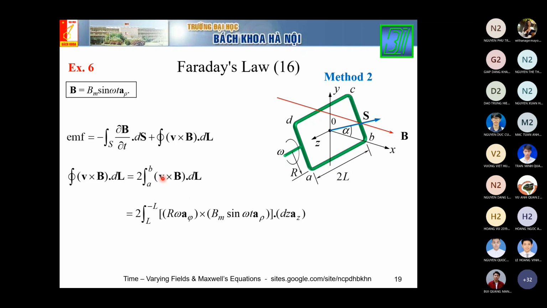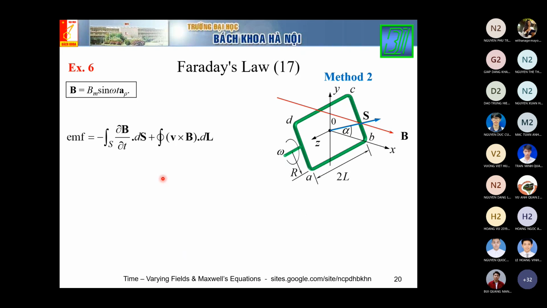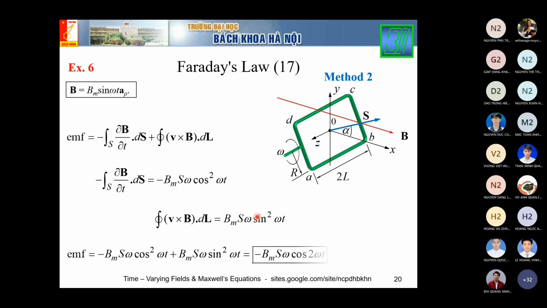Okay, taking this line integral, we came to this. We found the first integration, we also found the second integral. Summing these two results, for the second time, we came to the very result that we found 5 minutes ago.